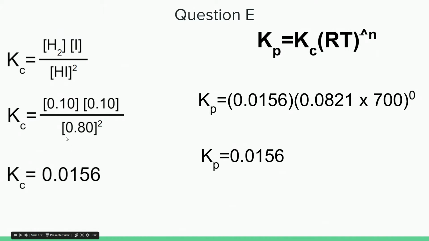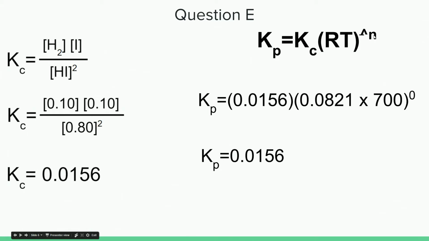0.0156. To calculate the Kp of the problem, we have to use the equation Kp equals Kc (RT) to the power of delta n. So we can just plug in the numbers that we calculated previously. Kc is equal to 0.0156, as we calculated. The R value is 0.0821, and I believe I showed how I got that in a previous AP problem. You multiply that by 700, because it gave us the temperature at 700 Kelvin.